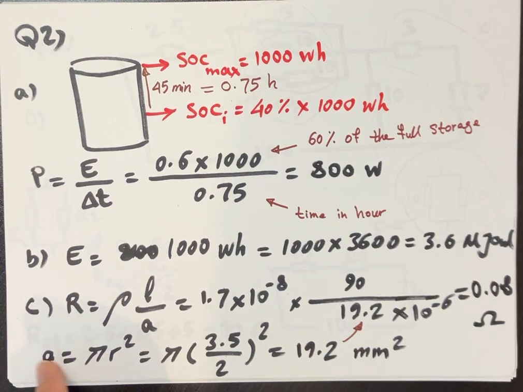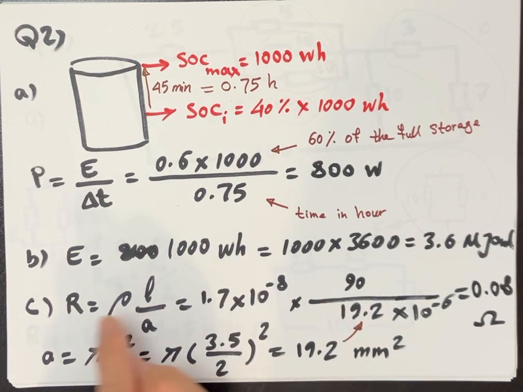You can assume that the cross-sectional area is a circle, so pi r squared, and you can calculate it. The cross-section area would be 19.2 millimeter squared.